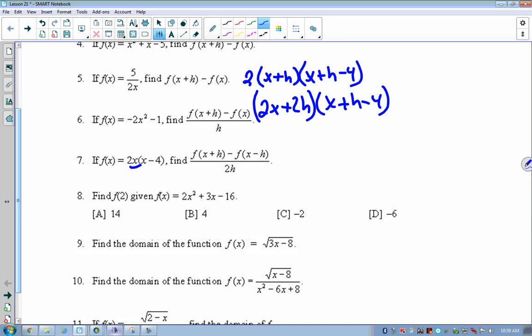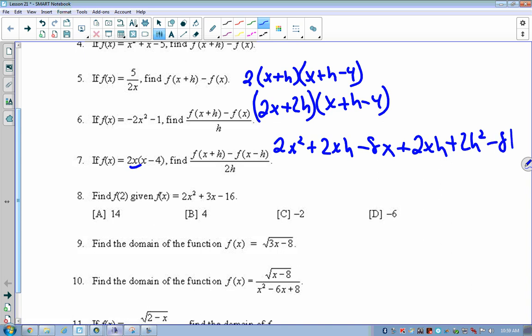So what that's going to do is give me 2x squared plus 2xh, minus 8x, correct? Okay? That would also give me plus 2xh plus 2h squared minus 8h, right? Okay, is there anything that we can simplify in here?